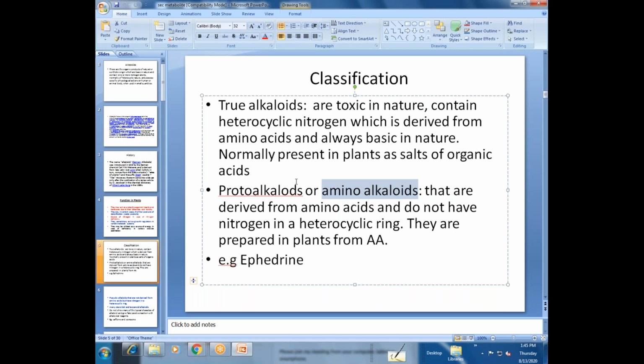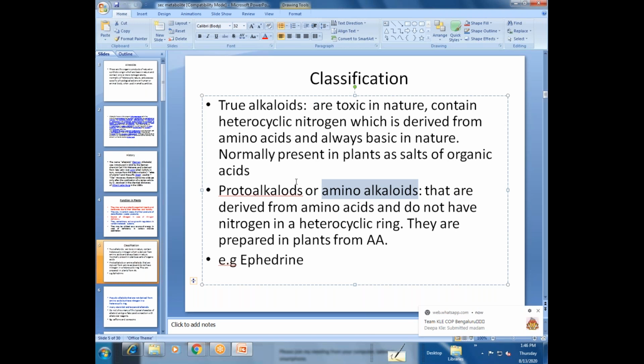In the heterocyclic ring, what does it contain? Nitrogen. These are derived from amino acids. They are present as salts.